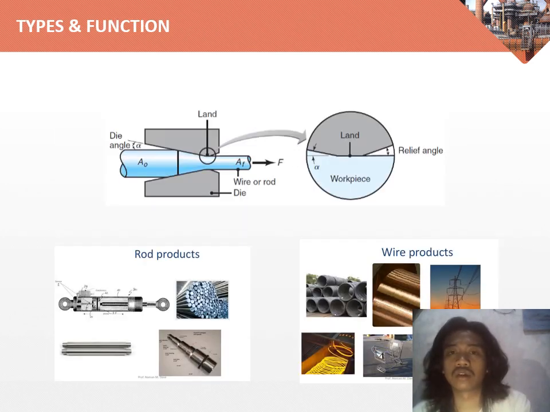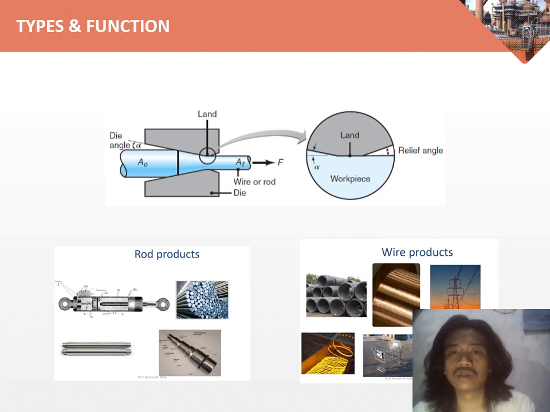For the types and functions of the drawing process, there are basically three types: bar, tube, and wire. The bar or rod is shown at the left bottom, the tube is shown in the top picture, and the wire is shown at the right bottom.